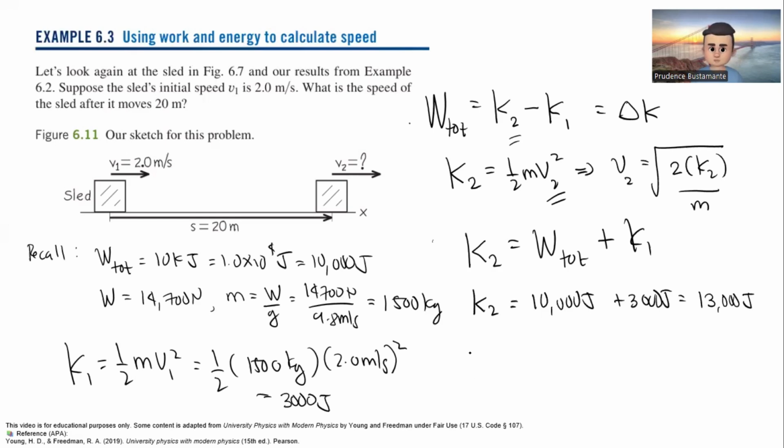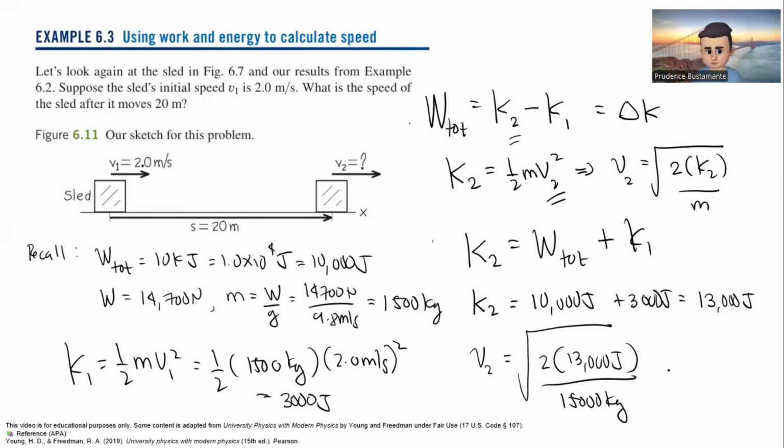So therefore, we can get the final speed, which is equal to the square root of 2 times 13,000 joules over 1,500 kilograms.